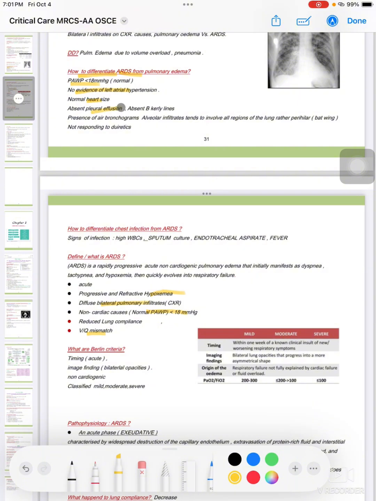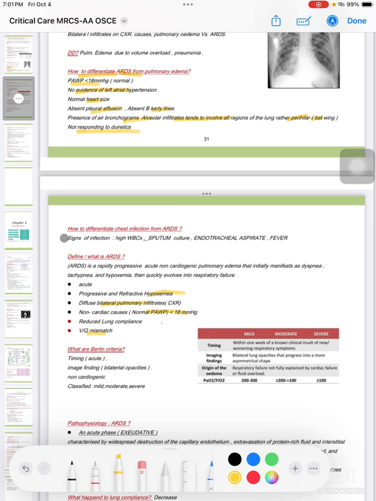The pleural effusion is absent and Kerley B lines are absent on radiographs. The alveolar infiltrates tend to involve all the regions of the lung except the perihilar region, which looks like a bat wing appearance, and there is no response to diuretics.